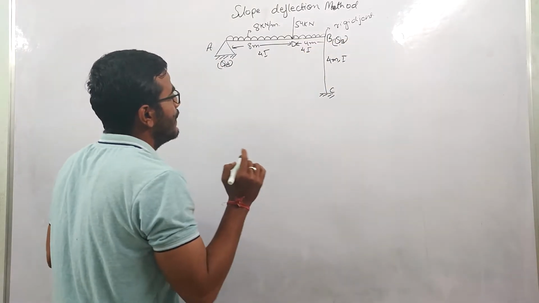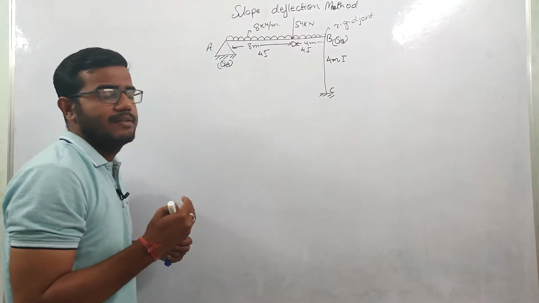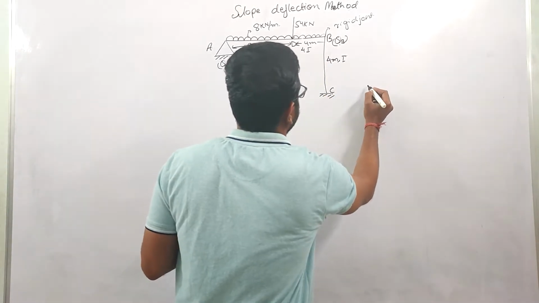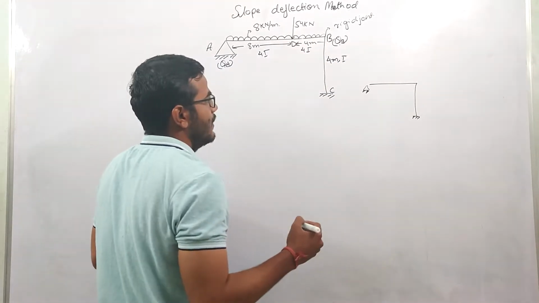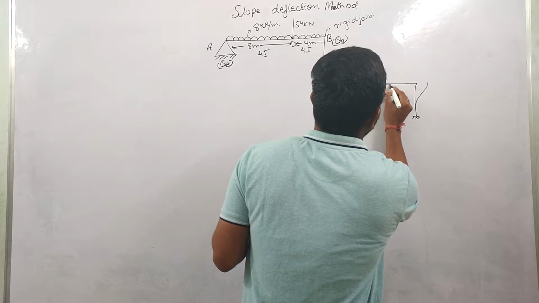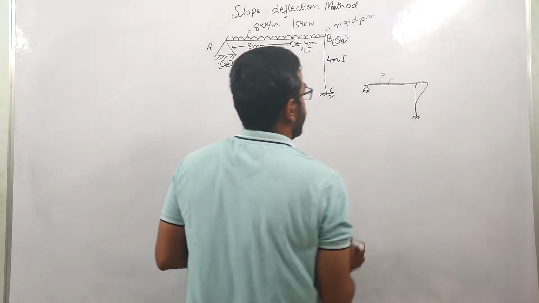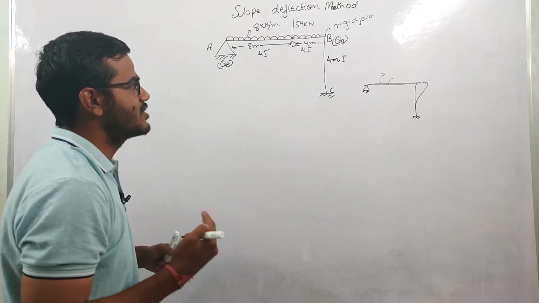We are assuming that we are neglecting the axial deformation. If this frame sways, then this member would need to extend, it would need to have some elongation, but in our analysis we are neglecting the axial deformations.